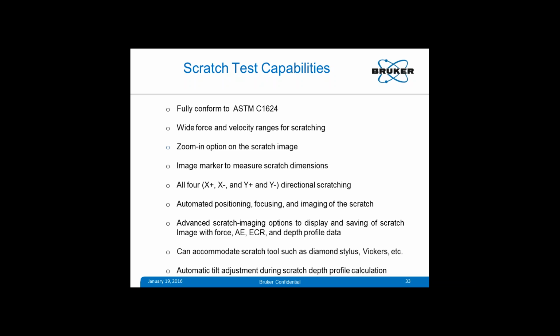It automatically takes the image of the entire scratch and plots it with the other data, so that you can investigate in the optical images where the scratch started and where delamination occurs. It can accommodate scratch tools, diamond stylus, Vickers, etc., and it also has automatic tilt adjustment.